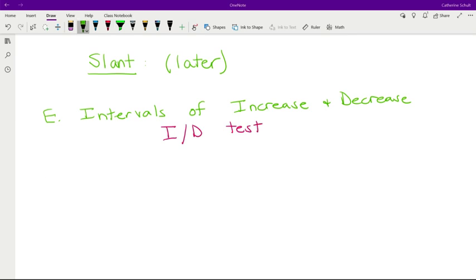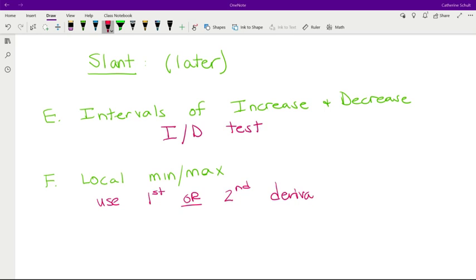We did that in Chapter 4. And then we're going to want to find the local mins and maxes. And we have two ways of doing that. We can use the first derivative test or the second derivative test. All right, and we'll review that in a second.